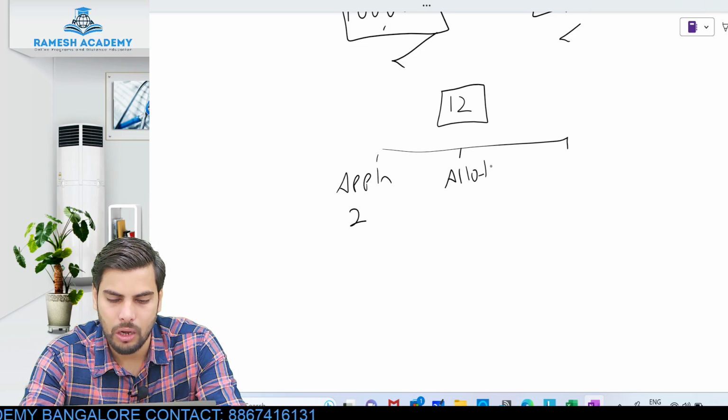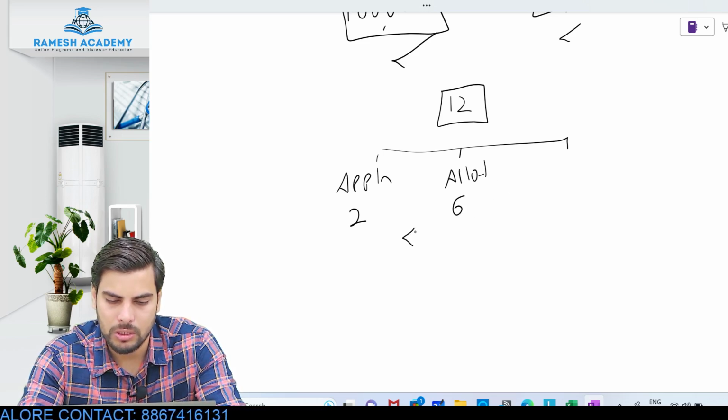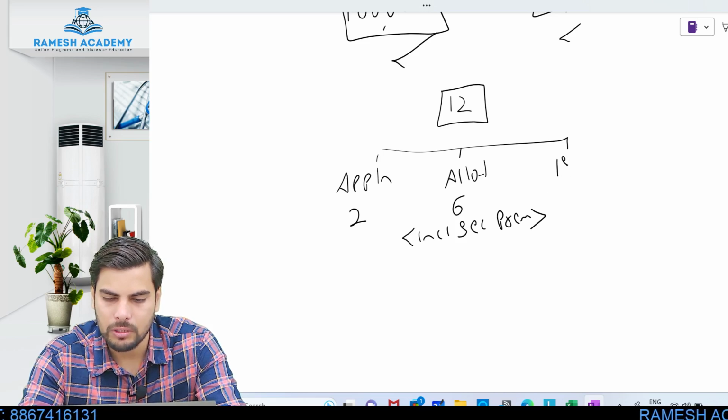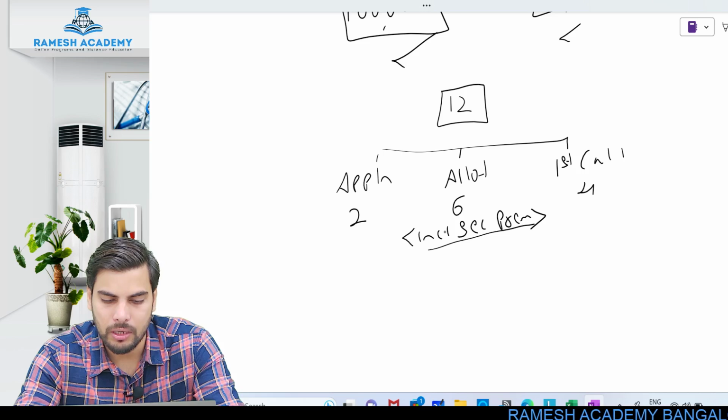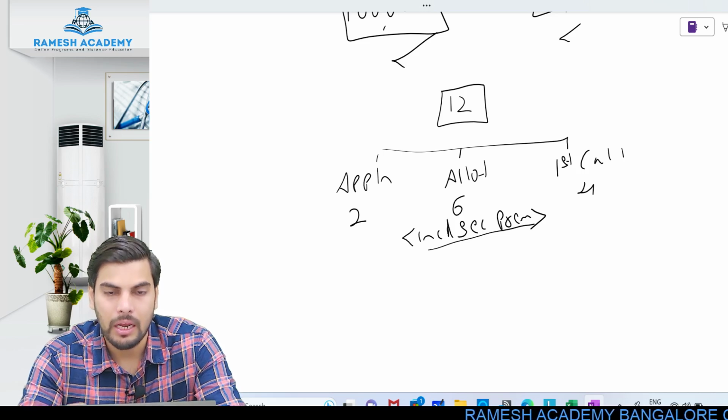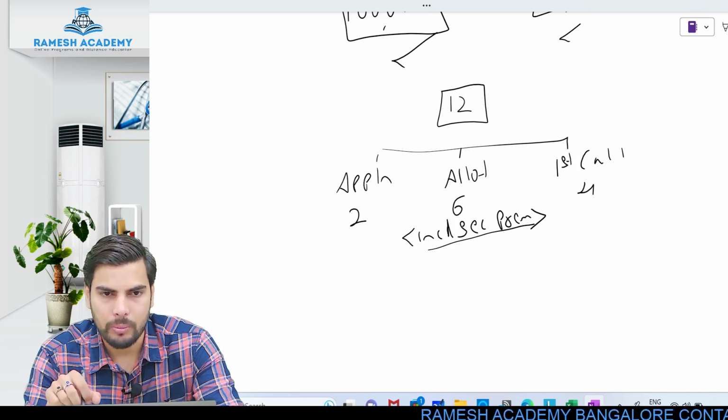At the allotment stage, let's say 6 rupees was received, which includes securities premium. And for the first and final call, 4 rupees will be received. So here they have clearly mentioned that the securities premium is included in the allotment stage.